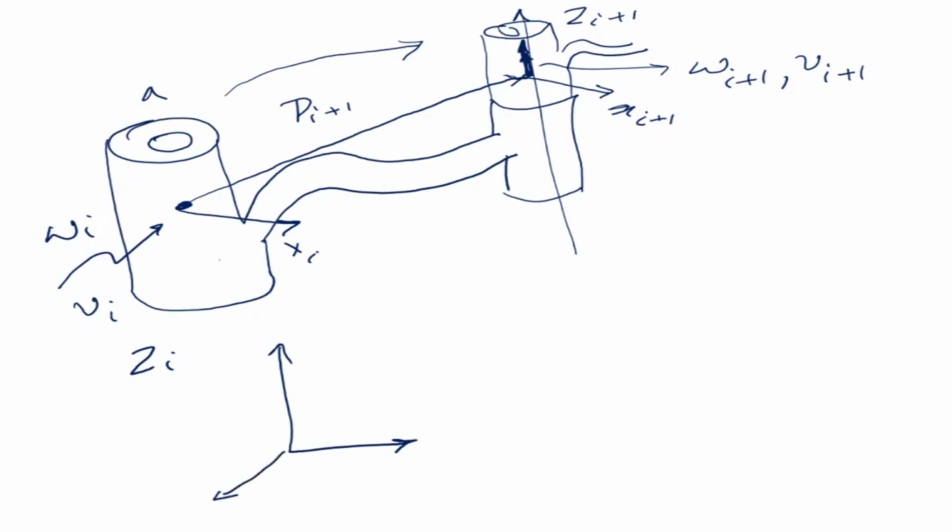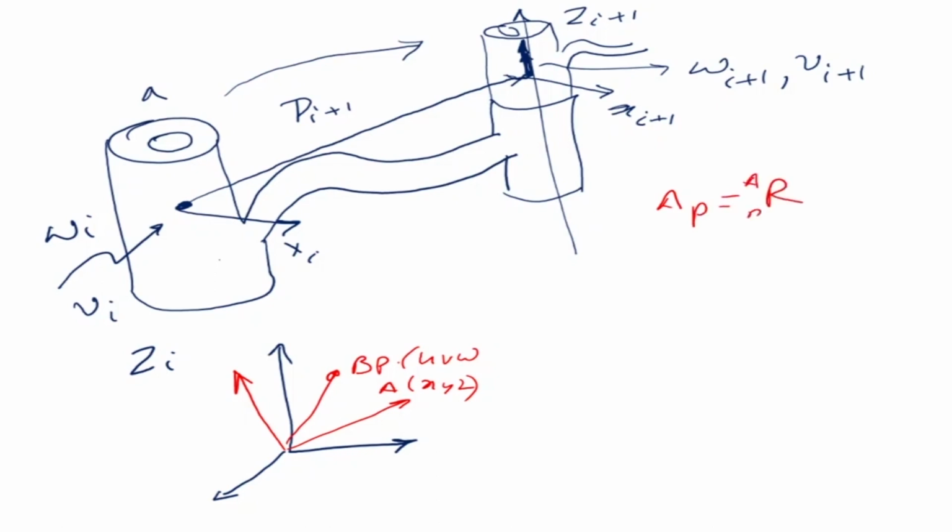Let me write the rotation matrix. You remember that, I'm sure, but I'll just write. So this is a point BP, which has u, v, w, and the point has x, y, z in frame A. Now the rotation matrix AP is equal to rotation matrix A to B into BP. That's my rotation matrix.